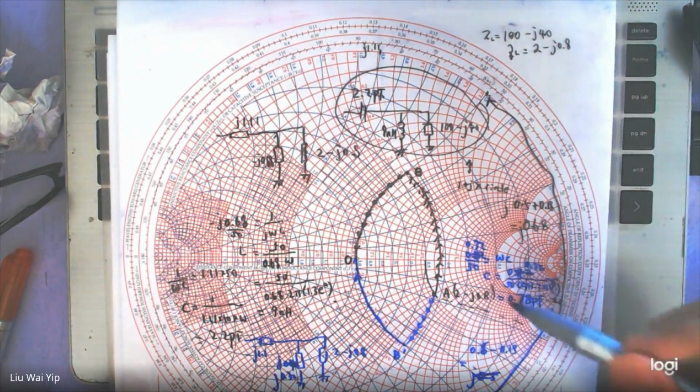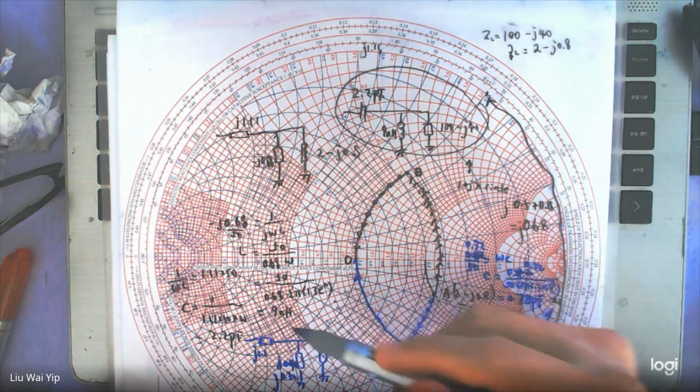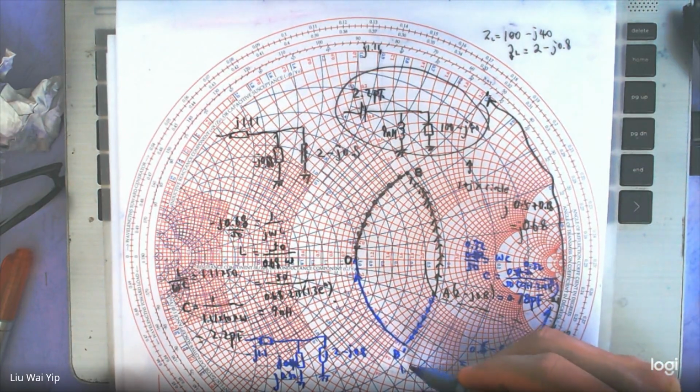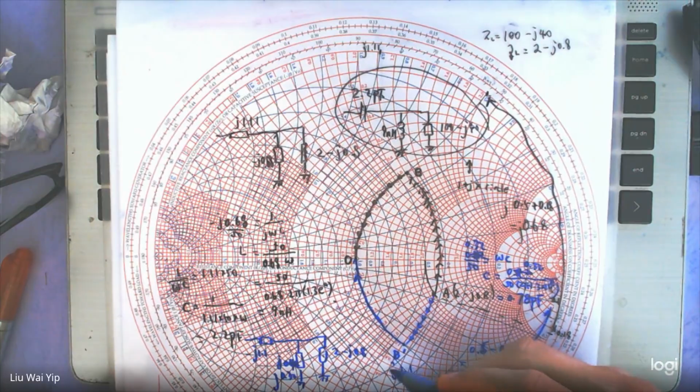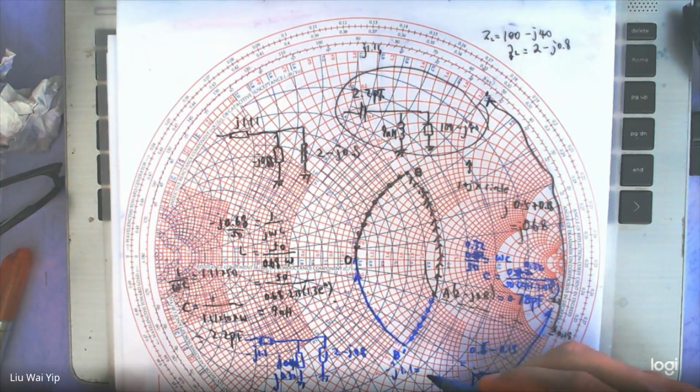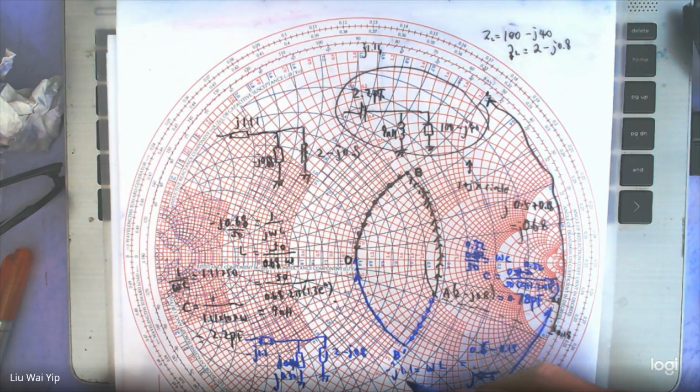And the inductor is this one, 1.1 J is equal to omega L. So L will be 1.1, and then you need to multiply by 50.